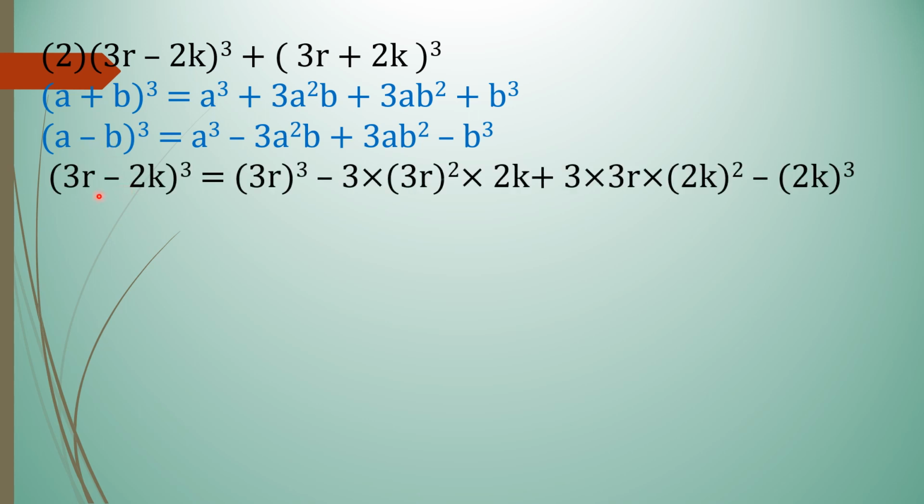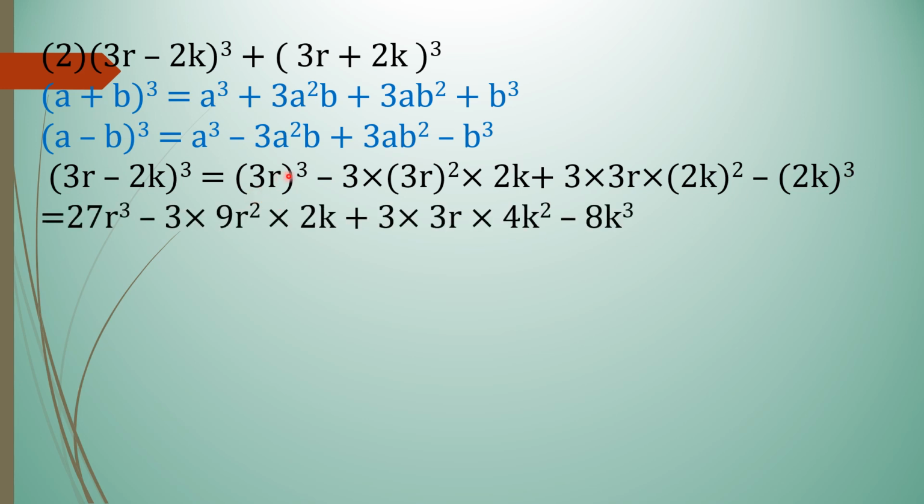So what will we get? 3r minus 2k the whole cube equal to 3r cube minus 3 into 3r the whole square into 2k plus 3 into 3r into 2k the whole square minus 2k whole cube. So further let's solve. 3r the whole cube will become 27. That is 3 3s are 9, 9 3s are 27.